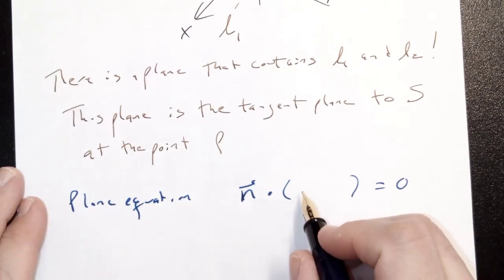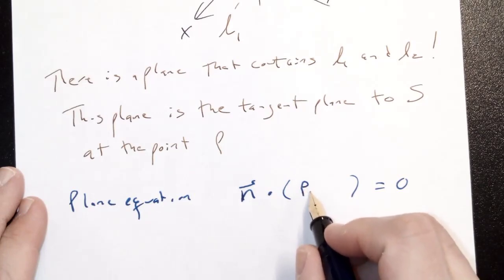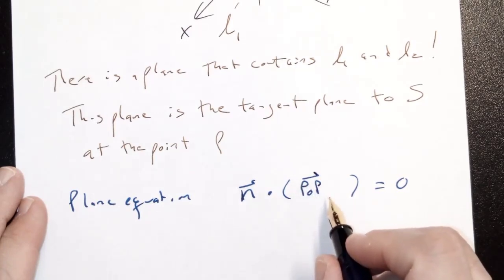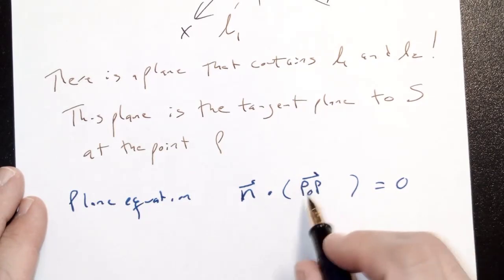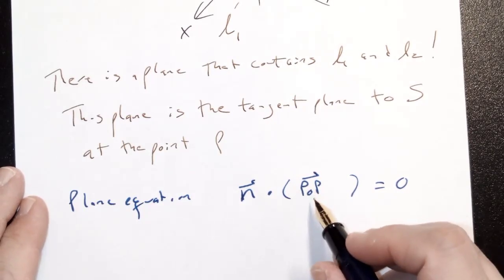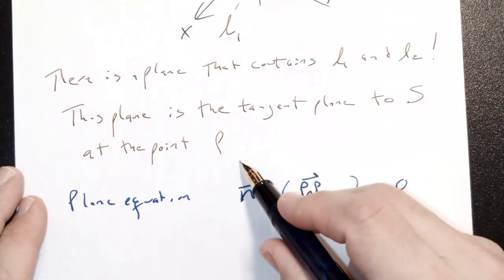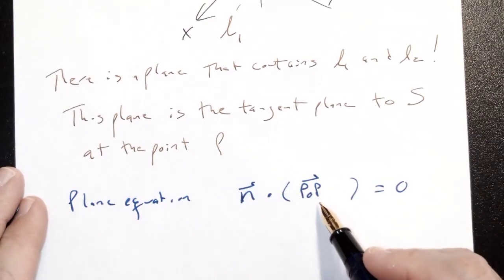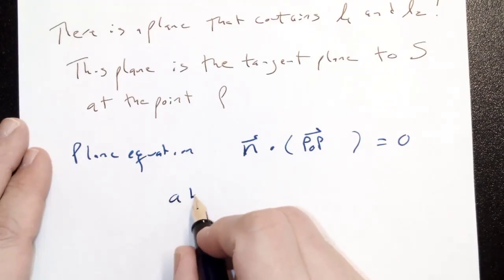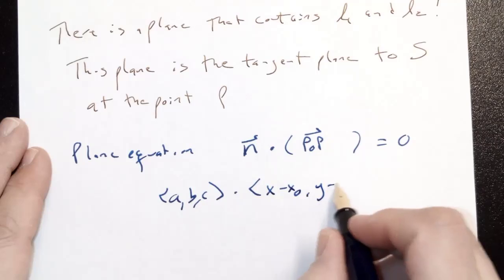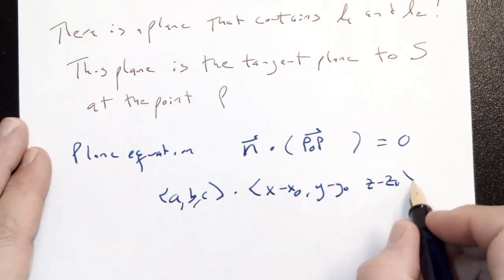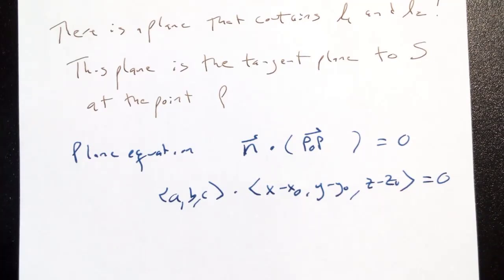I need one other thing. Well, no, that works. I just need to know what this vector is, right? Now, P naught's going to be our point, and this is just going to be an arbitrary point in the plane. So this was point X, Y, Z in the surface minus X0, Y0, Z0, our special point.